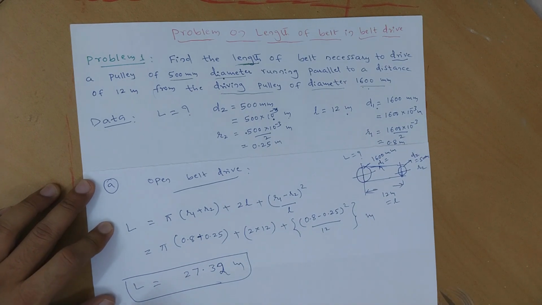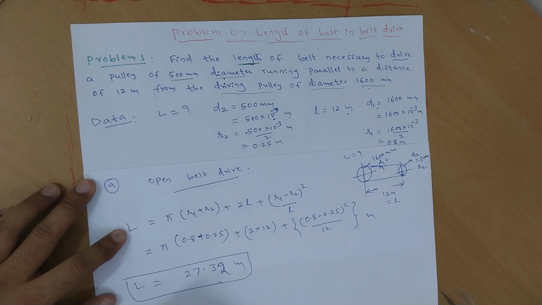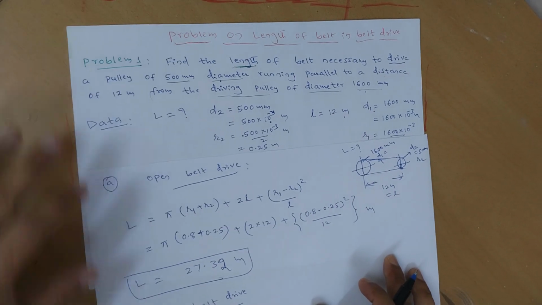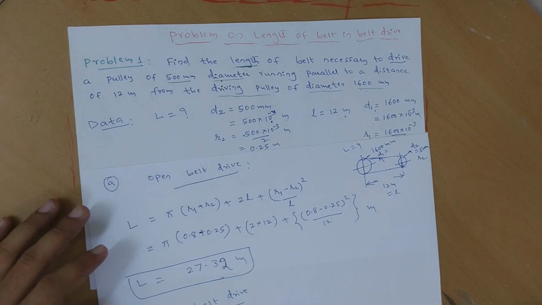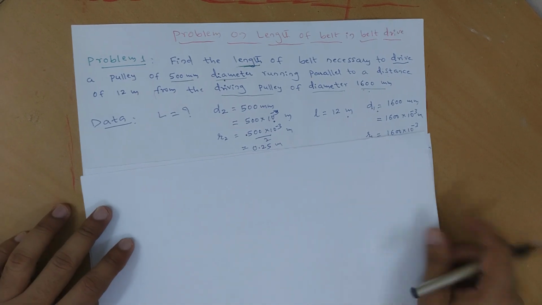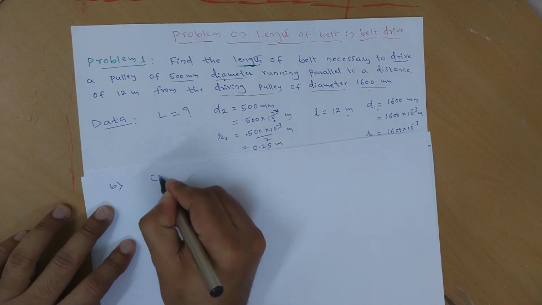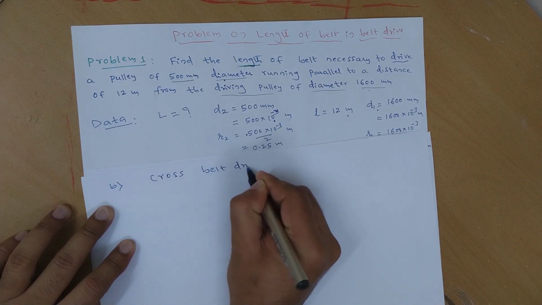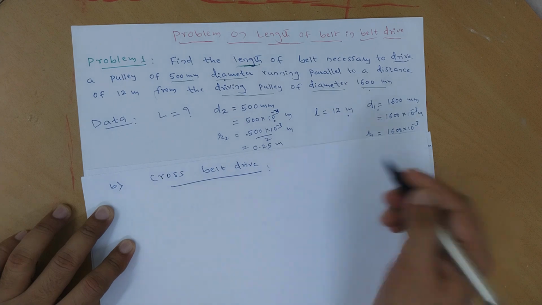Now for case B, the cross belt drive. What is the formula for the cross belt drive?